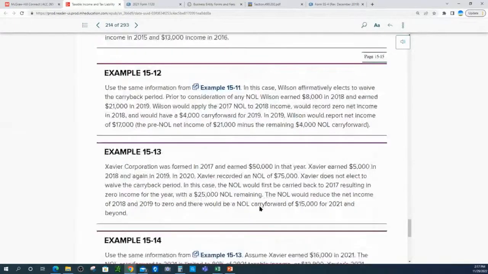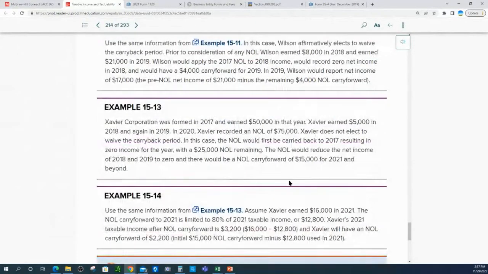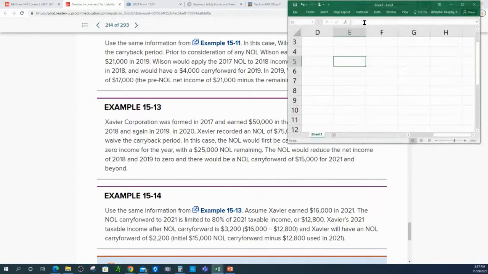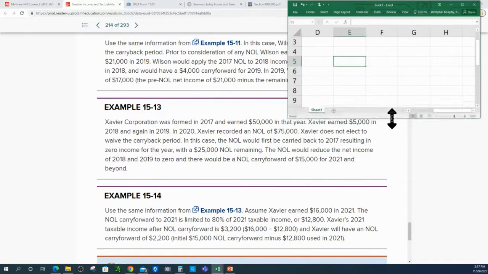Okay. Now we've got Xavier Corporation, formed in 2017. They earned $50,000 that year. They earned $5,000 in 2018 and again in 2019. In 2020, they recorded an NOL. Let's get the spreadsheet out again here. This may help. So here's Xavier.